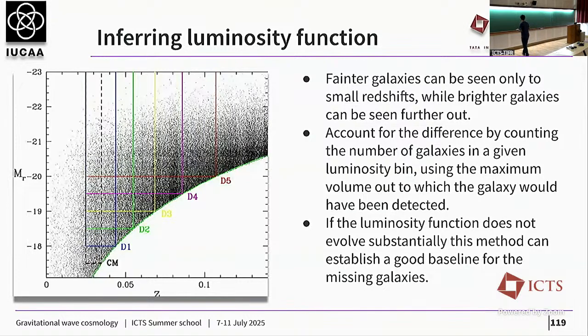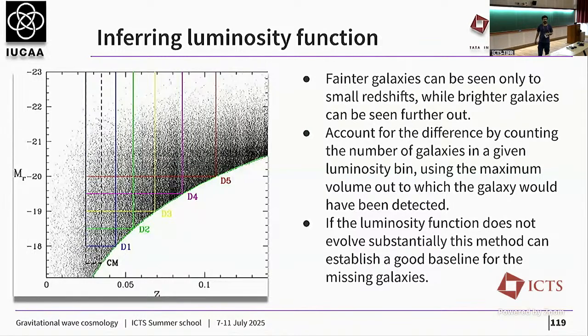So in principle, let's say if you take galaxies which are just within this box, within the red box, okay, then it is easy. Then you can do the histogram and you can also do the volume, right? So that is not a problem if you have galaxies only in the red. But if you wanted also the luminosity function at faint ends, then maybe you can construct another box, and so on.